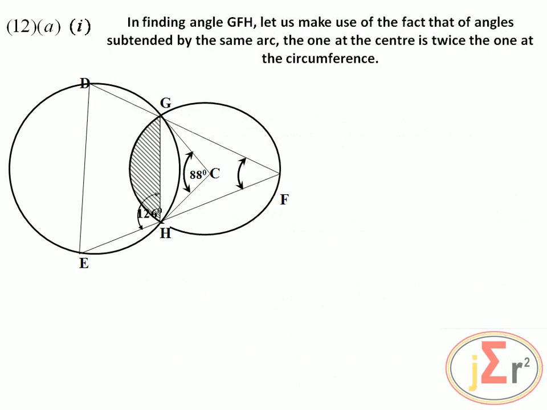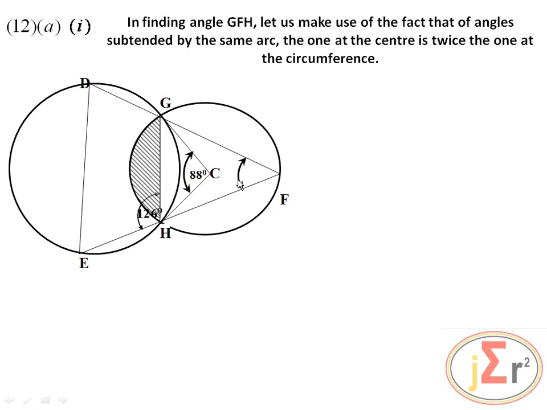In finding angle GFH, let us make use of the fact that of angles subtended by the same arc, the one at the center is twice the one at the circumference. So this angle is subtended by this arc, and so is this angle that we have at the circumference.